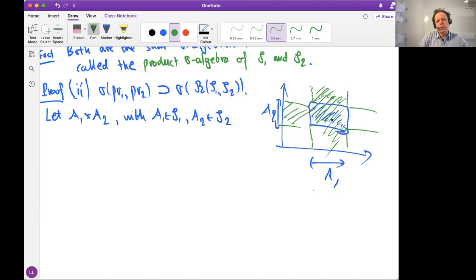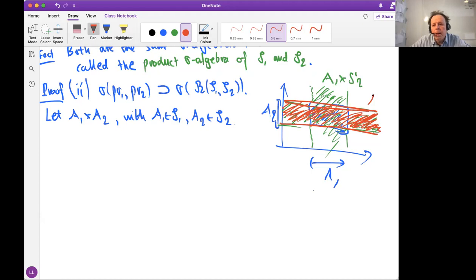Let's extend the box in this way as well. Here's another strip. What is the strip on the top? That strip is A1 times the full space S2. What's this horizontal strip here? If you think of this red thing here, what is that strip? That strip is not A1, not A2, but S1 times A2.